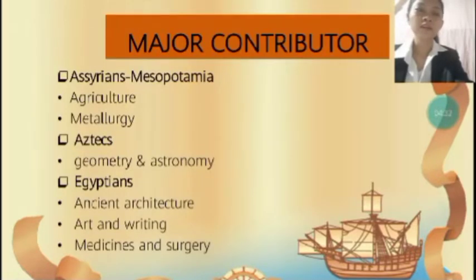And here is the summary of the major contributions in ancient civilization. First is the Assyrian to Mesopotamia. Their contribution was agriculture and metallurgy. Next is the Aztecs. Their contribution was geometry and astronomy. Egyptian: ancient architecture, art and writing, medicine, and surgery.